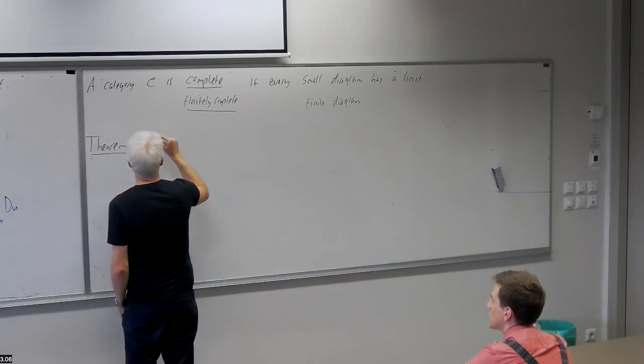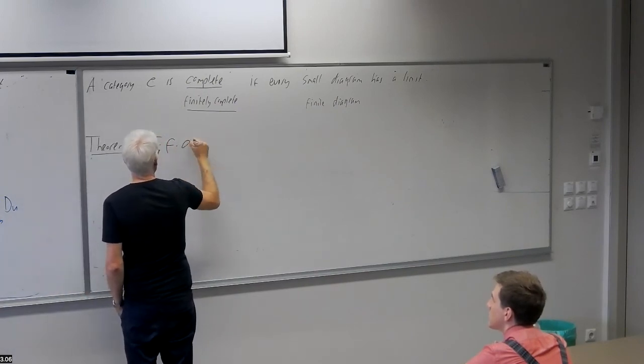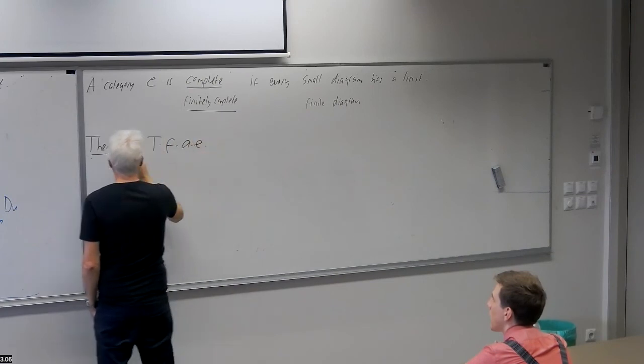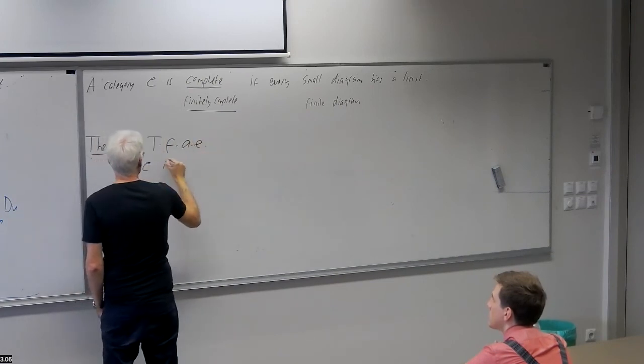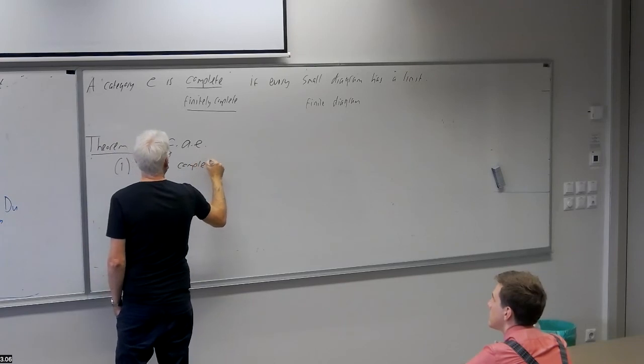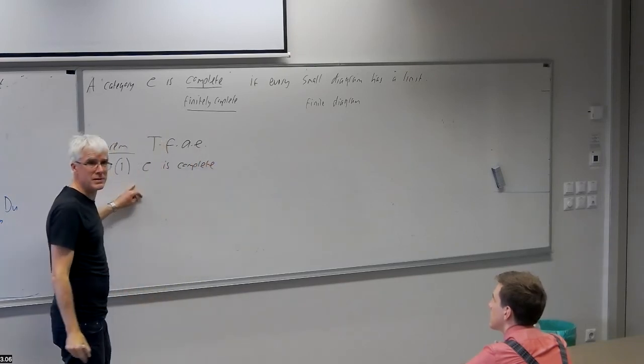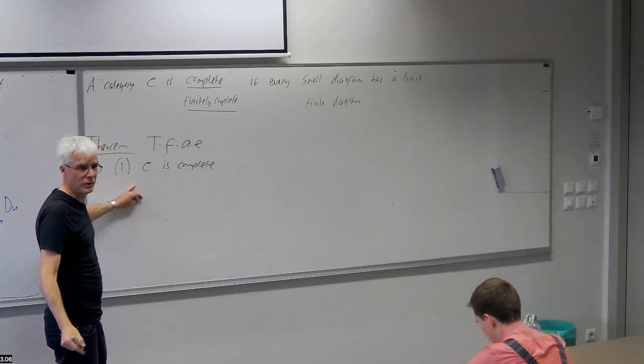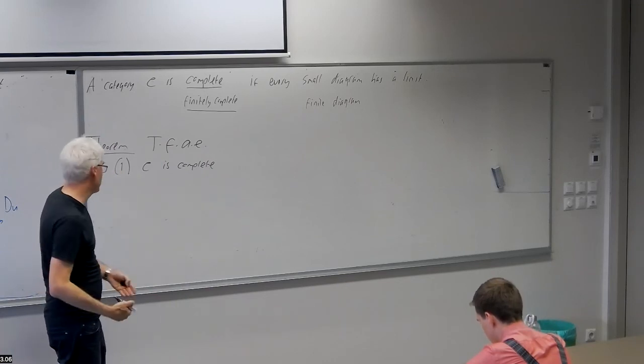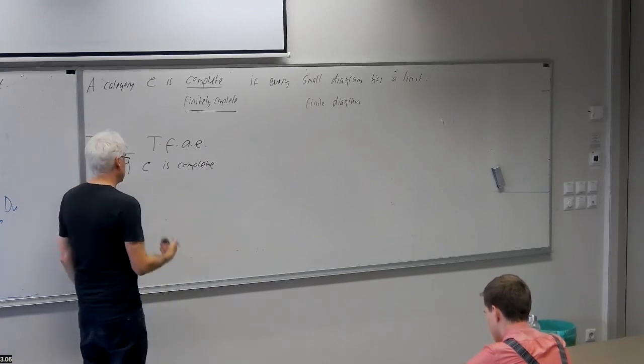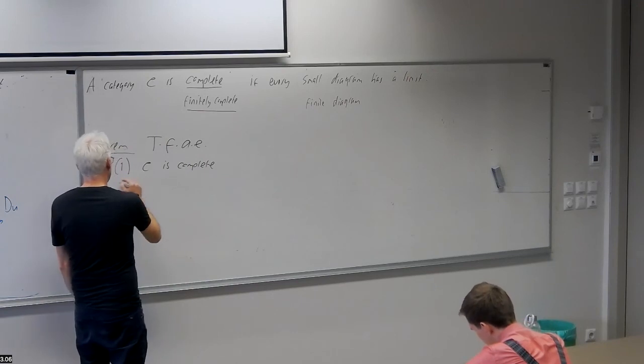So the theorem is the following are equivalent. One, the category is complete. So then it has all small limits: any diagram whose shape is a set has a limit.